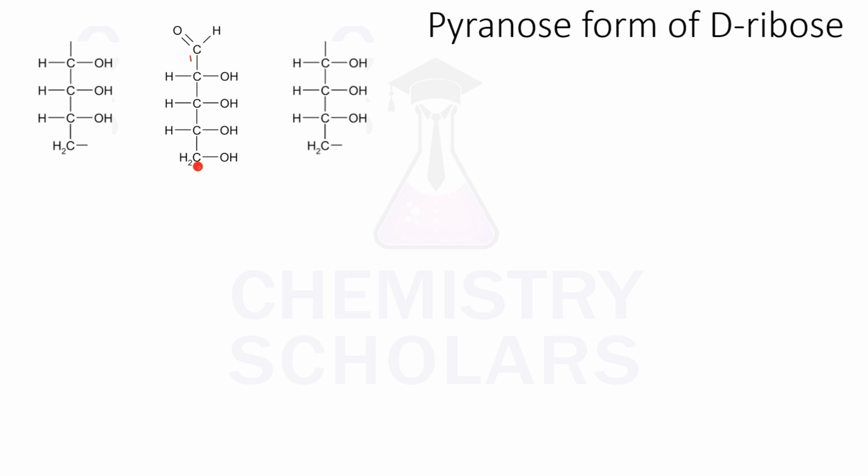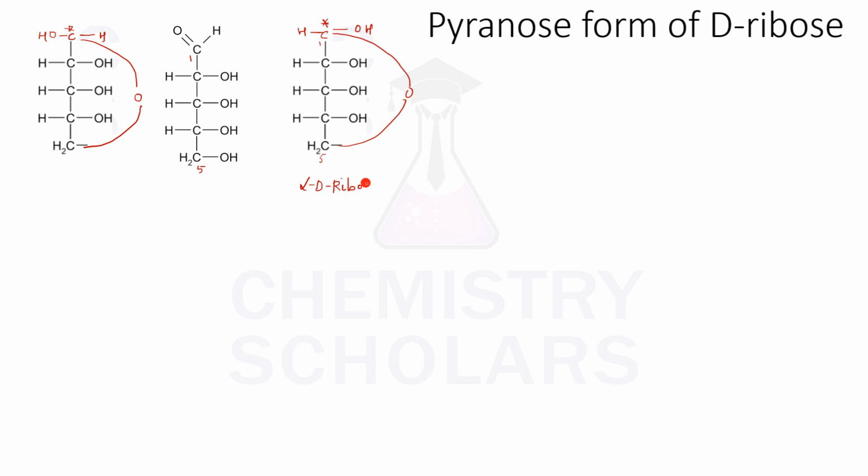So let's look at the pyranose structure between C1 and C5. This is the fifth carbon atom, whose OH is involved in the formation of the oxide ring. A new anomeric center is generated. OH can go on the right hand side or OH can go on the left hand side. When it goes on the right hand side, this anomer is called the alpha D anomer.